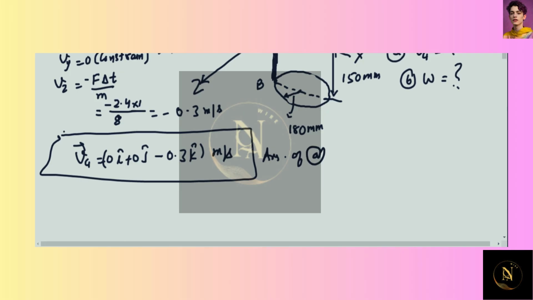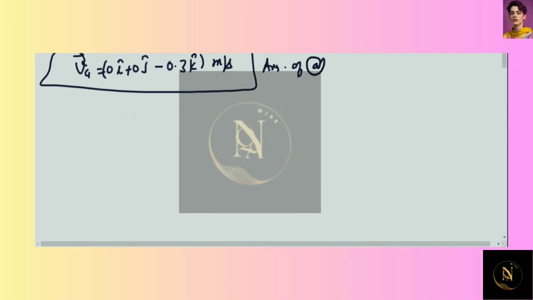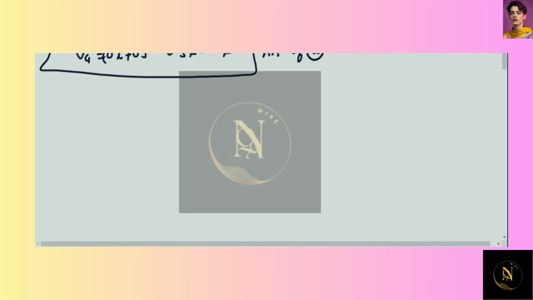Now B part. To calculate the angular velocity, first we will measure its moment of inertia. Moment of inertia along x direction will be 2 into 1 by 4 m r square plus m d square. Mass of each is given, 4 kg.